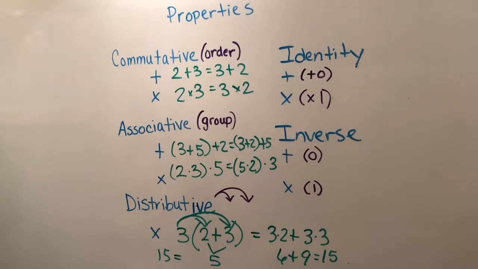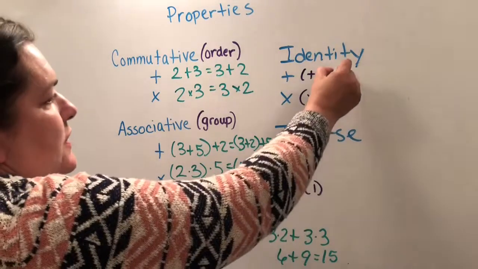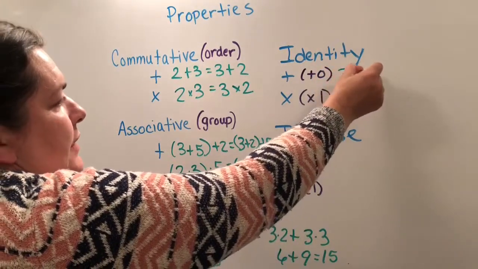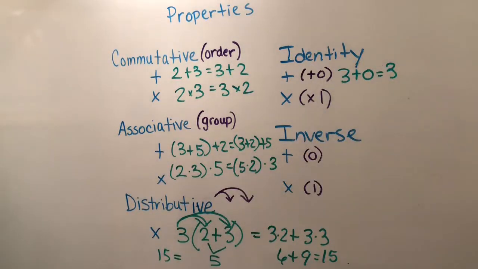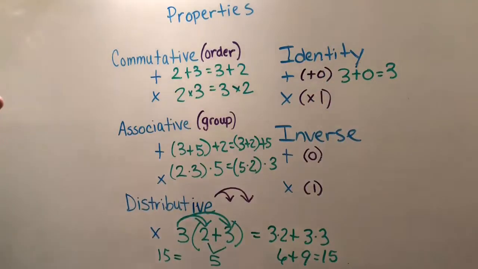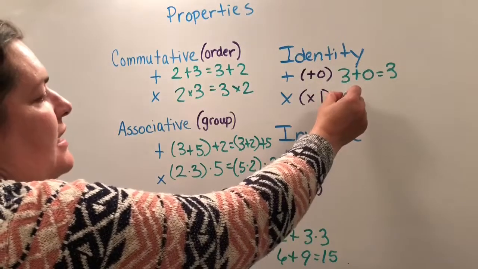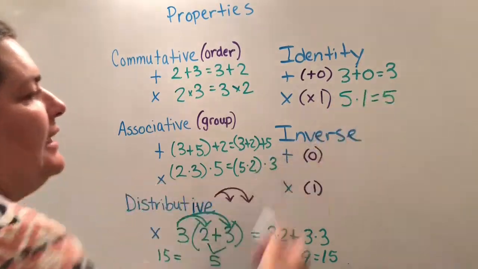In the case of identity, of addition, any number plus 0 is going to give you the number back itself. So 3 plus 0 is equal to 3. And that works for any number that you're adding 0 to. You're always going to get the original number back. In multiplication, when you multiply a number times 1, you get the number back itself.